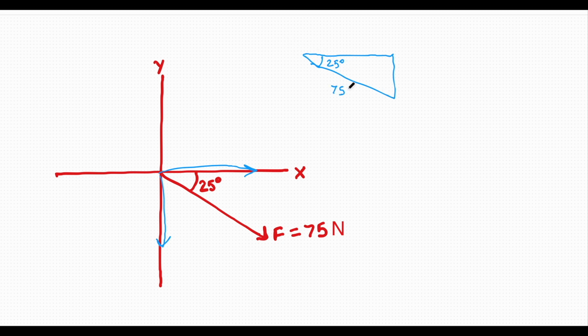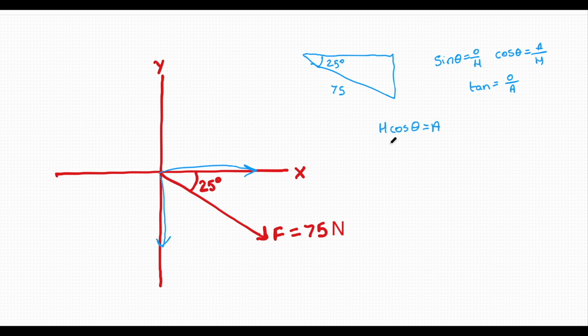So how can we find this component? Okay, so if we're trying to find this, this is the adjacent side. So which one involves the adjacent and the given hypotenuse? Well, it's cosine, and so if we multiply hypotenuse to both sides, we get this equation.